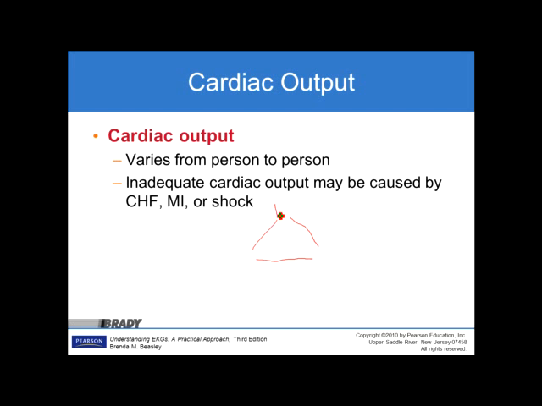One of them is if the pump fails. The next one is if the vessels, or the container, are too large. And last but not least, if we don't have an adequate amount of fluid, that will become problematic as well.